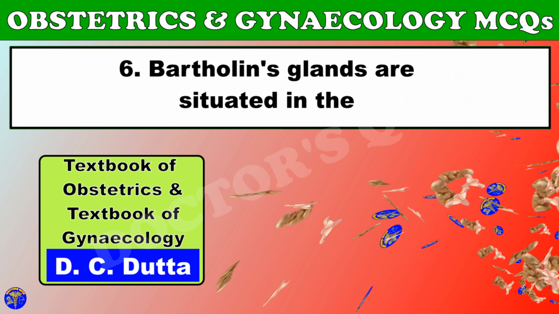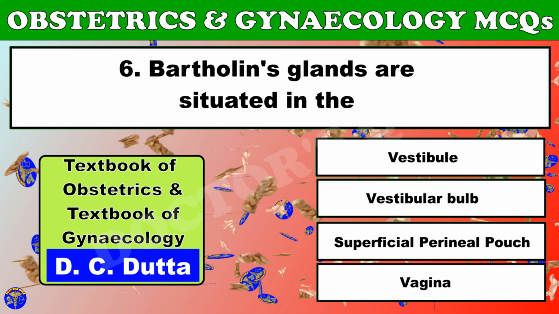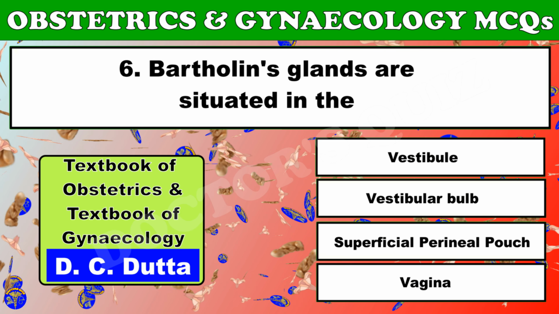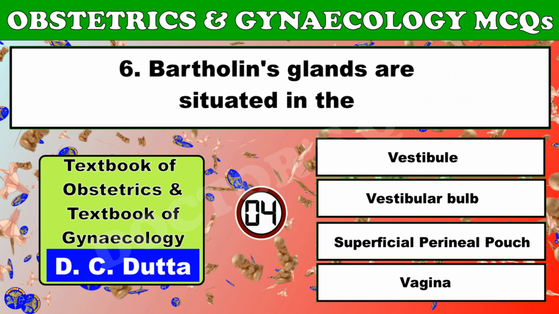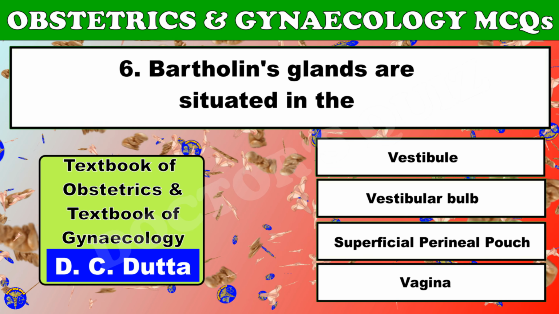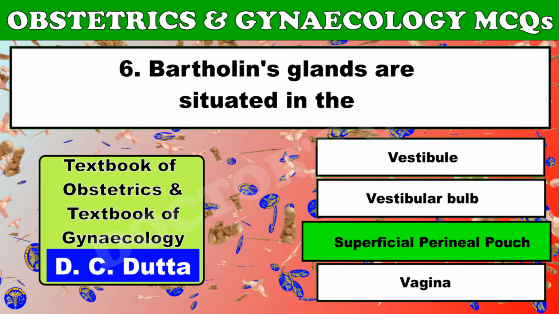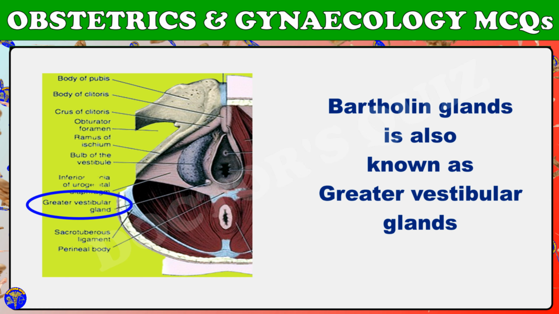The next question is, Bartholin's glands are situated in the. Options are vestibule, vestibular bulb, superficial perineal pouch or vagina. Answer is superficial perineal pouch. It's also known as greater vestibular glands.